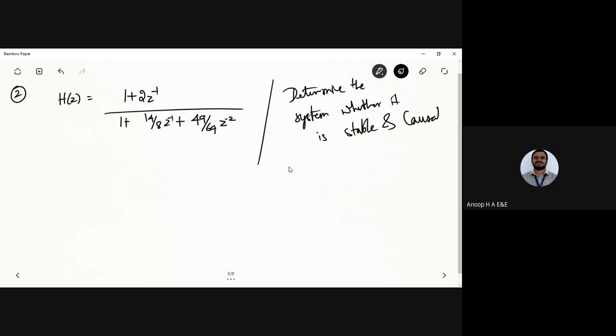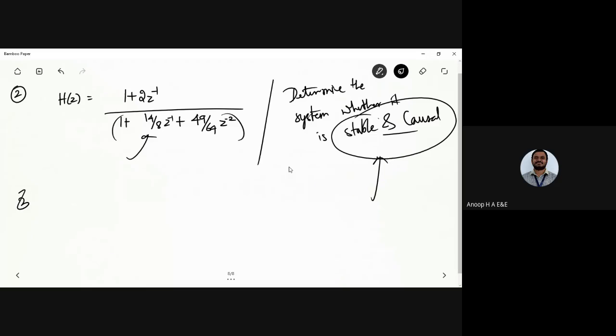Looking at the poles itself, you can come to know whether it is stable and causal. So solve it and find out whether the given system is stable and causal. You have to prove both the things here.